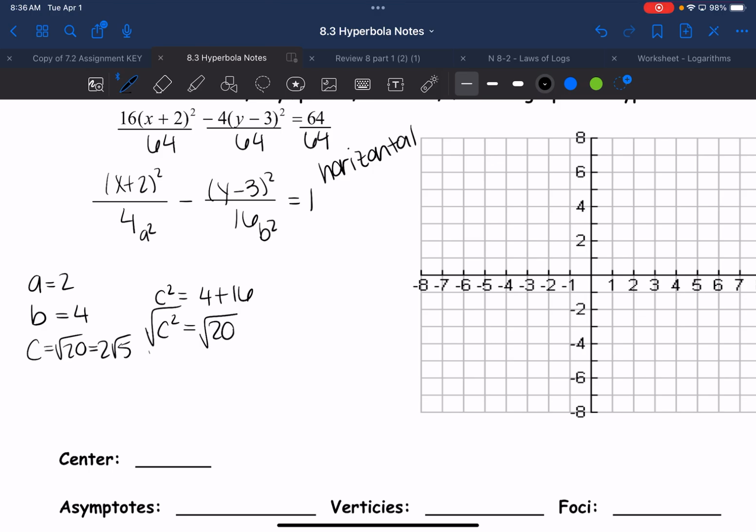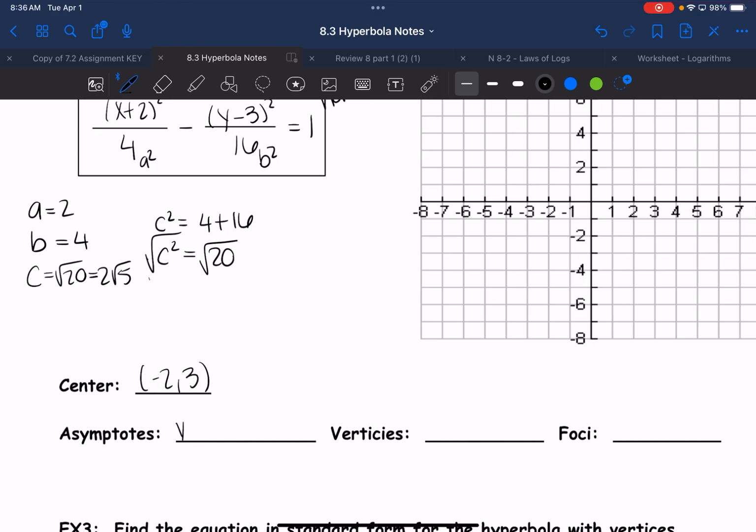Okay. So, looking at our simplified equation that we came up with right here, what are my h and k? Where's my center? Good. Okay. And then for my asymptotes, remember, if you look back at the front, this is going to be the equation y equals b over a this time, right? The fraction flips over according to the equation on the front.